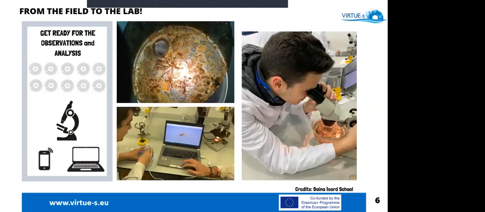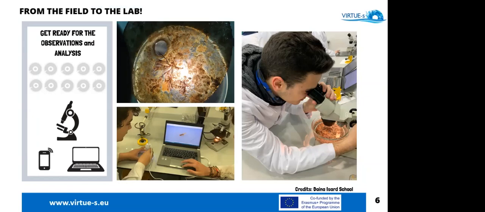Then when it comes the time to get ready for the observation and analysis, you should think about what materials you will need. Basically, you will need, of course, the discs and a stereoscope. You can also think of using mobile phones or cameras to take pictures, and maybe a laptop or a computer to do the analysis, and also some basic laboratory tools such as metallic tweezers, trays or petri dishes that can come in handy.